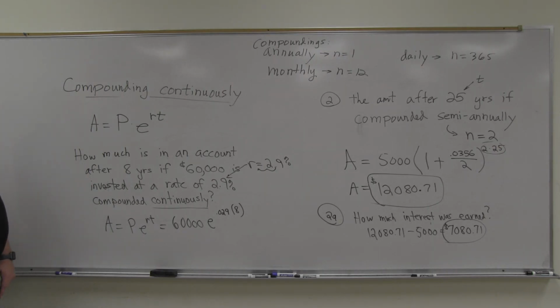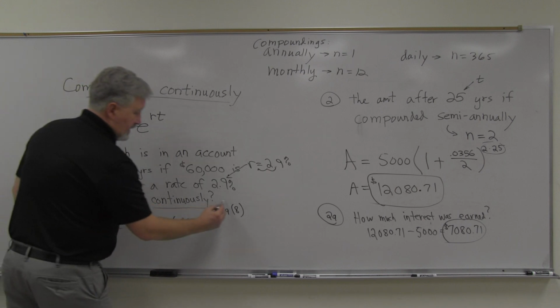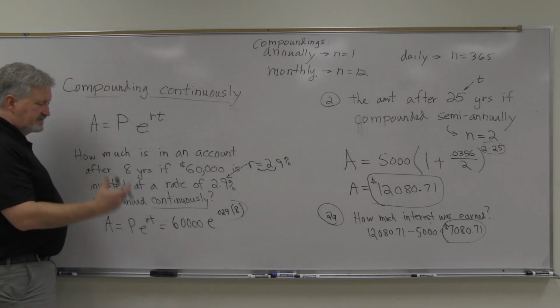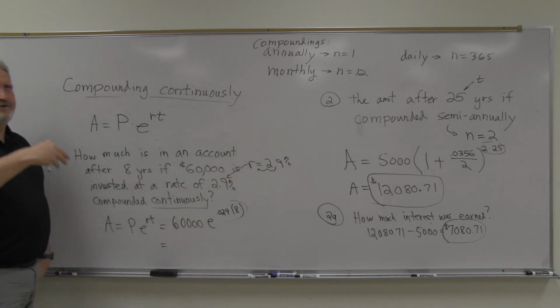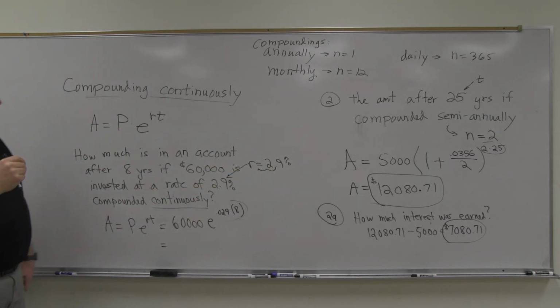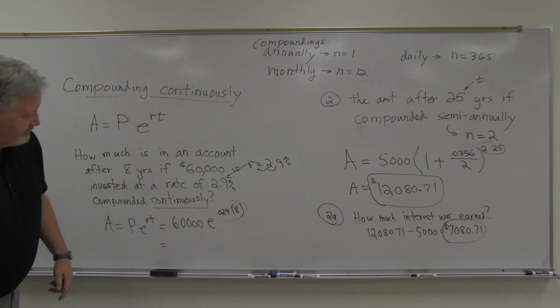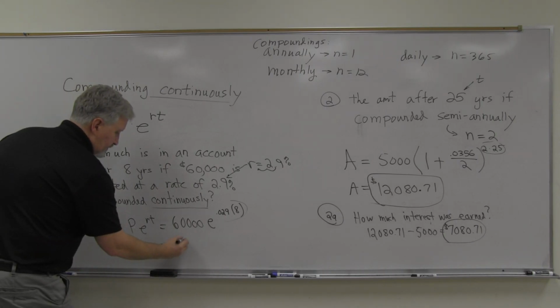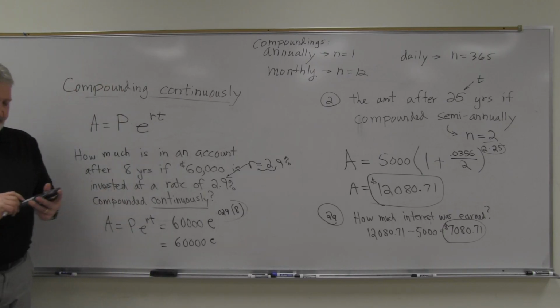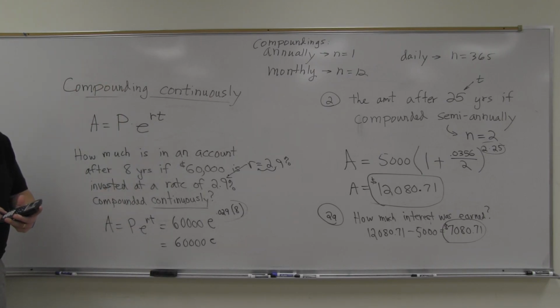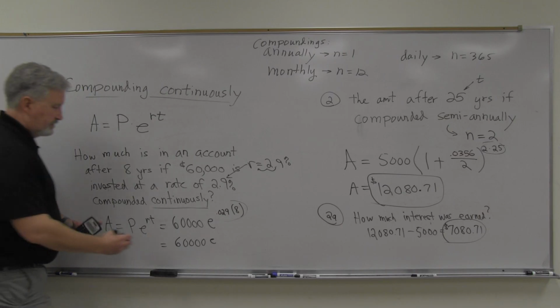Now again, that power, I'll go ahead and multiply that out. It's a little different. Before I enter this in, I just go ahead and do 0.029 times 8. You get the power, it's 0.232.